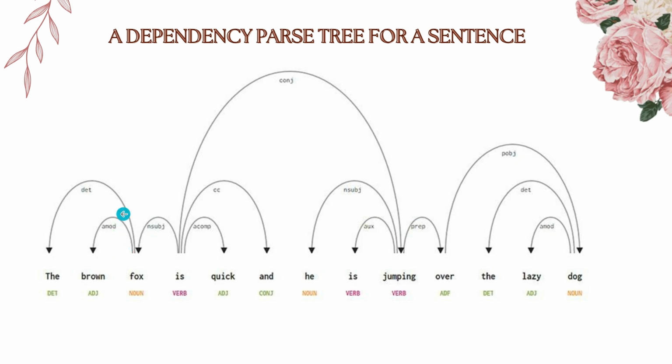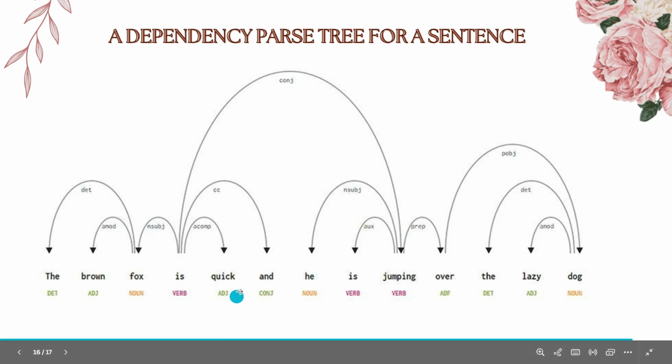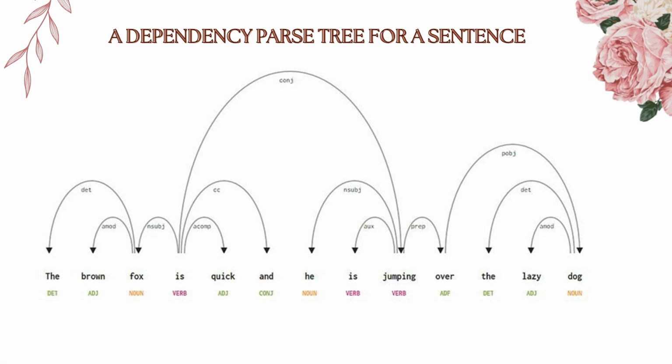These are the determiner dependencies. The second one, the dependency tag AMOD, stands for adjective modifier, for any adjective that modifies the meaning of a noun. For example, fox to brown and dog to lazy. These two have the AMOD, adjective modifier relationship.